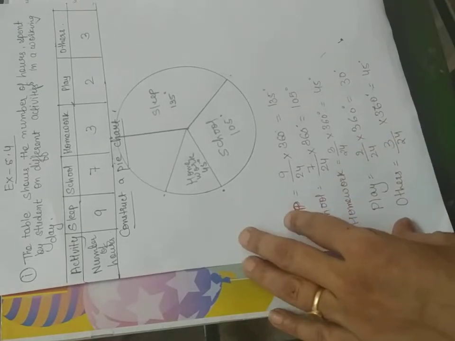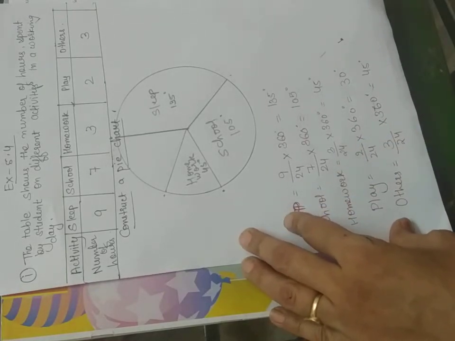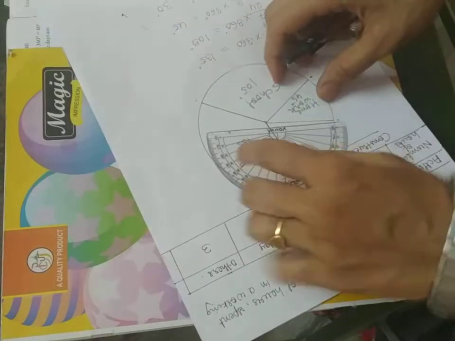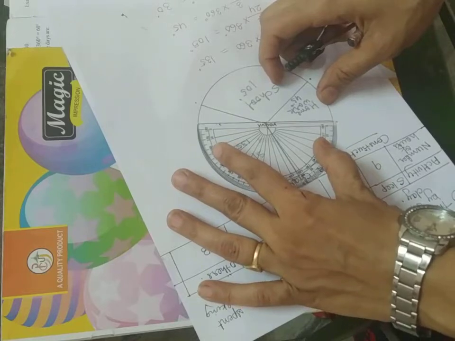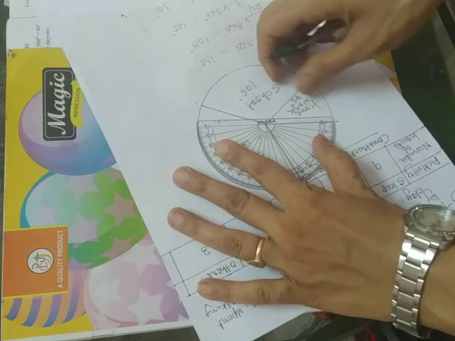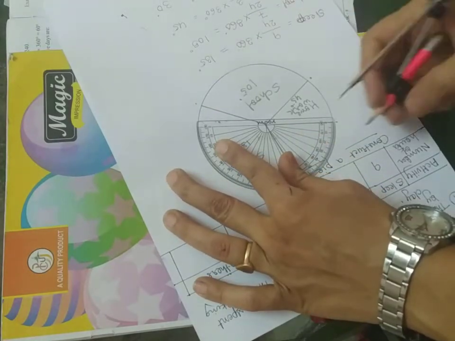Okay, now the one left is play. For play, what we are going to do? We are going to make a 30 degree angle. Let's put it like this. And 30 degree angle. Okay, the 30 degree angle is here.